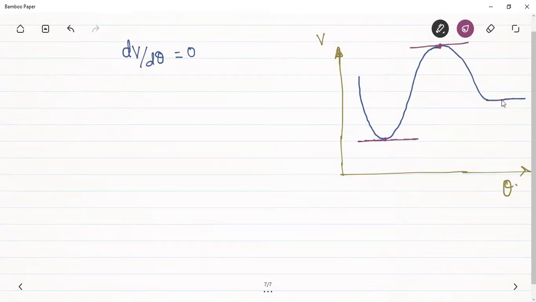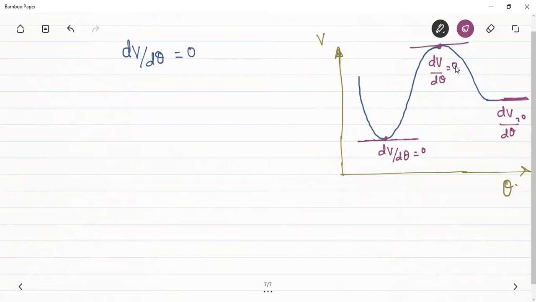And here you can see that this potential energy function is a constant. Therefore, its slope is equal to 0. That is, dV by d theta is 0. At this point, dV by d theta is also 0, and at this point dV by d theta is 0.